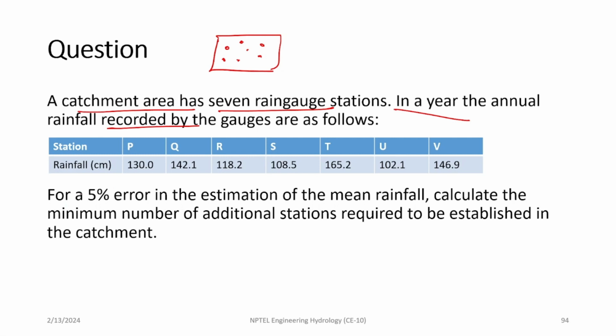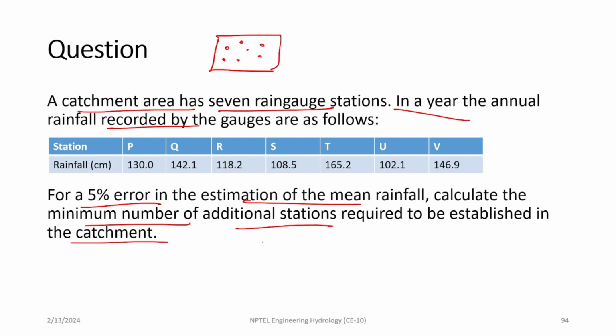Now it is saying that if we accept a 5% error in the estimation of the mean rainfall, we have to determine how many rain gauges we additionally need in order to maintain the rain gauge density in that area.